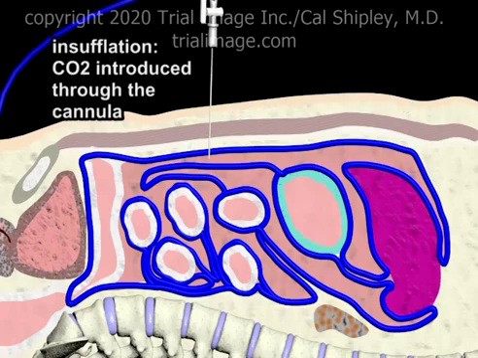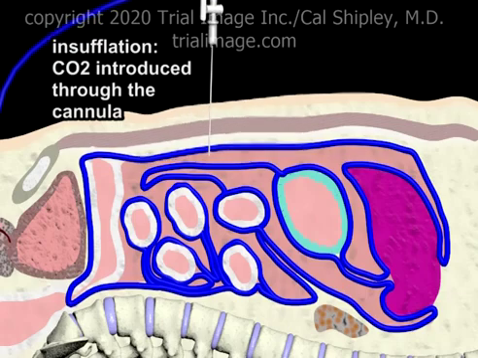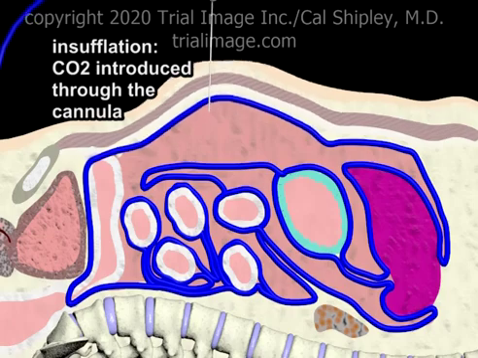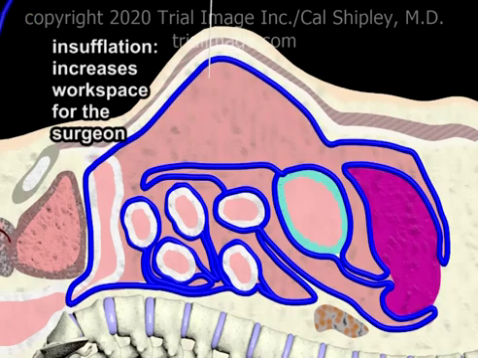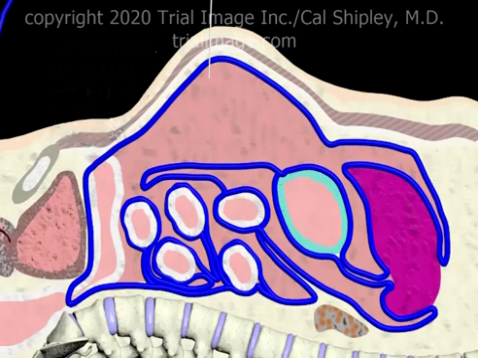In a process known as insufflation, carbon dioxide gas is passed through the cannula into the peritoneal space. Insufflation increases the workspace within the abdominal cavity for the surgeon to manipulate instruments during the procedure.